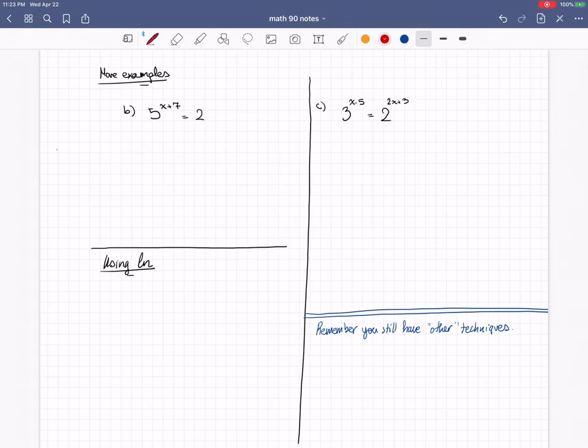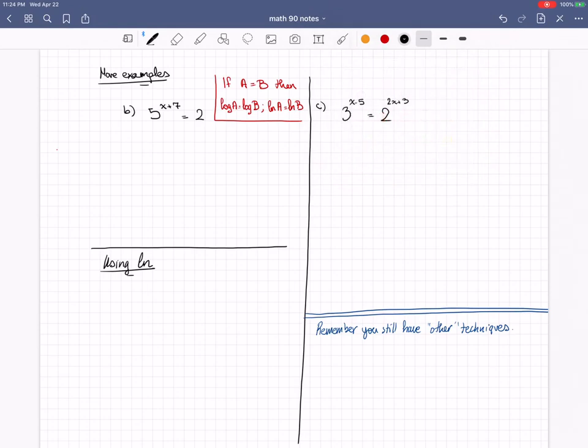So I'm going to remind you here again, since it was on the previous page, that if A is equal to B, then log A is equal to log B. And while we're at it, we might as well say natural log A is equal to natural log B. So let's go ahead and take log of both sides.